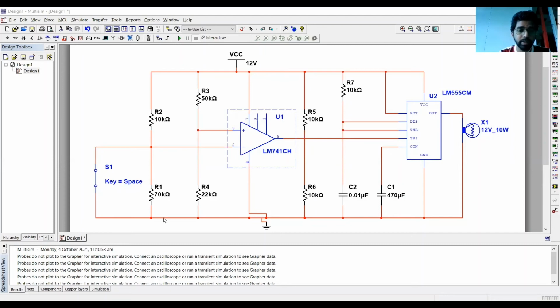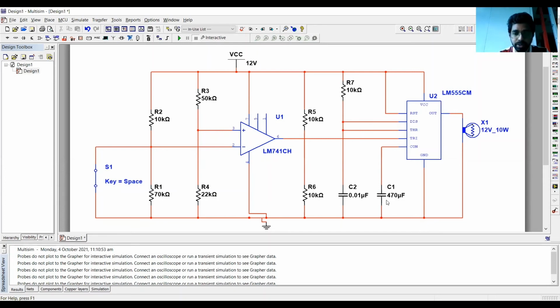We are using several components here, such as a normally closed switch and several resistors: resistor 1 is 70 kilo ohm, resistor 2 is 10 kilo ohm, resistor 3 is 50 kilo ohm, resistor 4 is 22 kilo ohm, resistor 5 is 10 kilo ohm, resistor 6 is 10 kilo ohm, and resistor 7 is 10 kilo ohm.